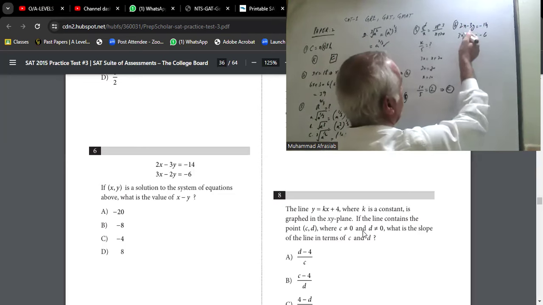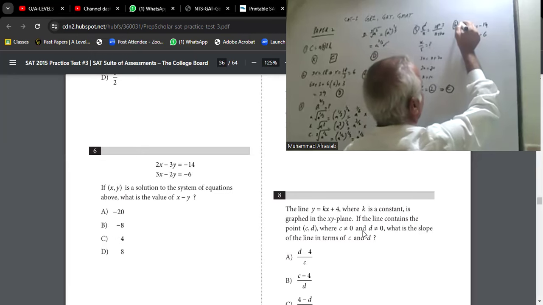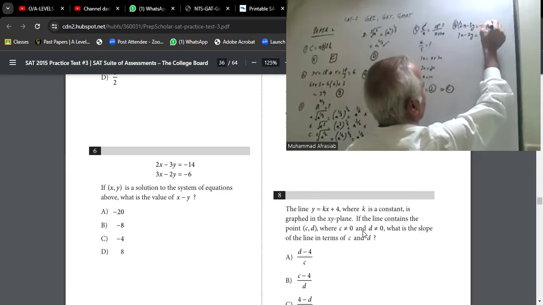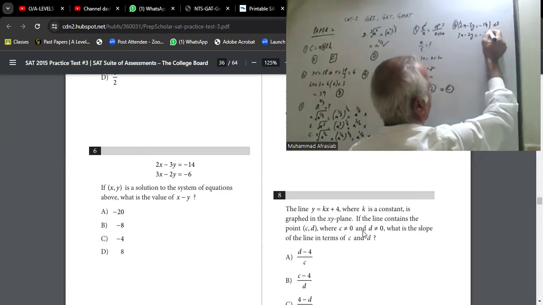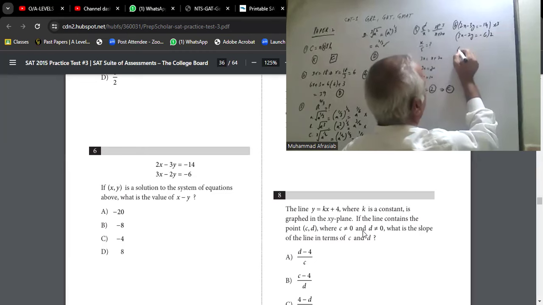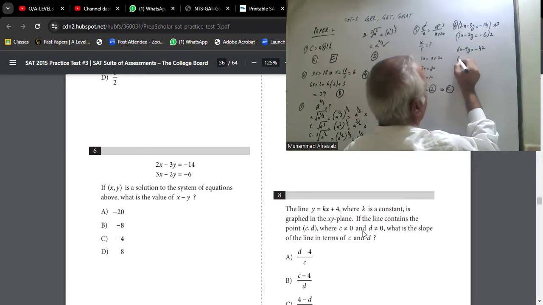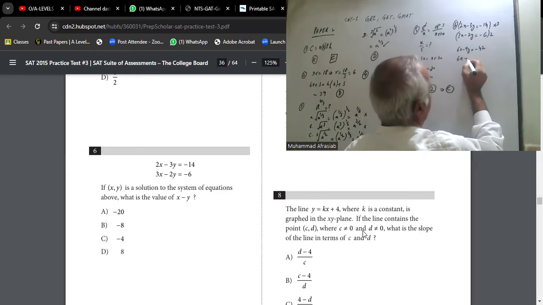So we can make either x or y equal in both. So you multiply this by 3 and this whole expression by 2. So this will become 6x minus 9y is equal to minus 42, and 6x minus 4y is equal to minus 12.